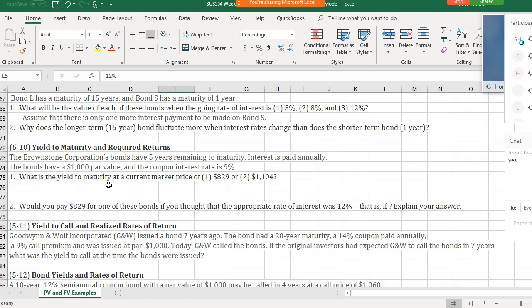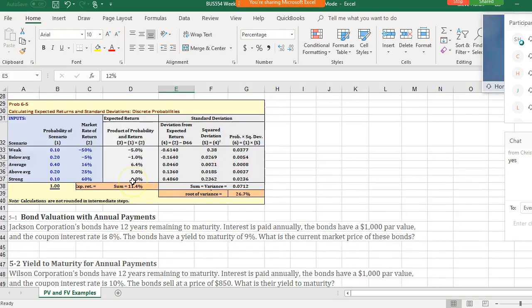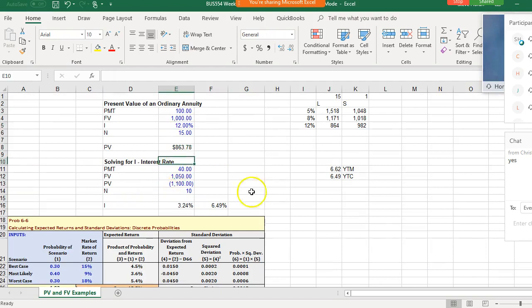So let's go ahead and compute that. So I'm solving for I, and this is annual, so I don't have to worry about the semi-annual doubling thing at all. So let's just go back to solving for I. And in the problem, they mentioned that the future value is 1,000. And then in the first one, we're going to spend $829 to buy the bond.